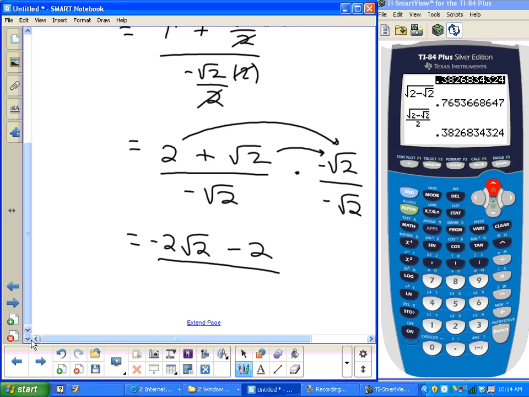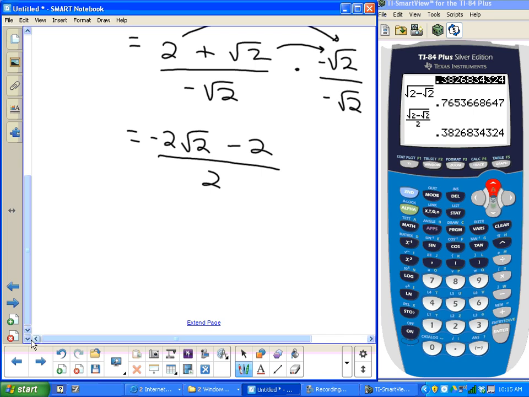All right, over. Now, negative times a negative means positive, and square root of 2 times square root of 2 is just positive 2. All right, now, you notice we can reduce out by 2. Okay, so that would give me negative square root of 2 minus 1, and I wouldn't really have to put over 1. Okay, that's it.